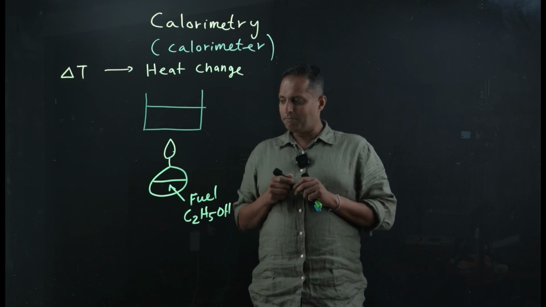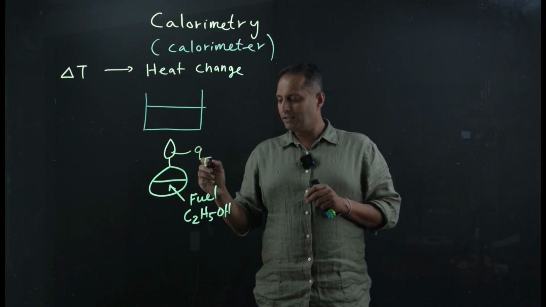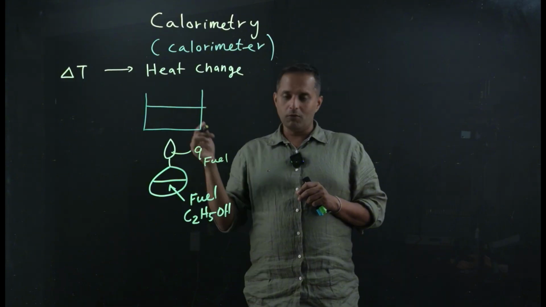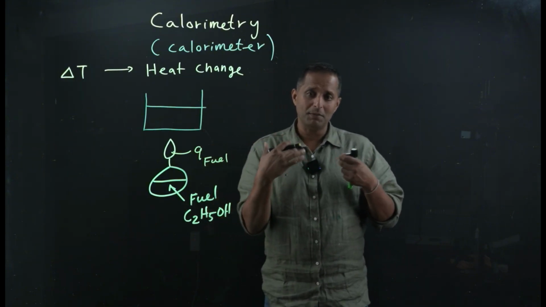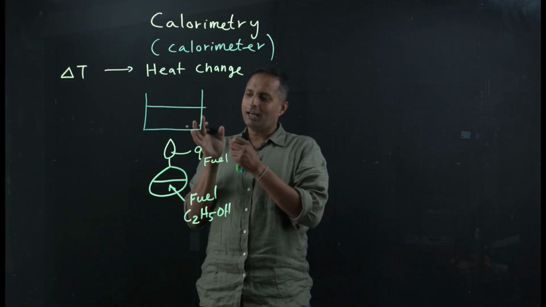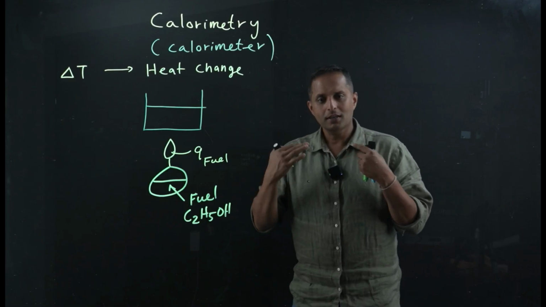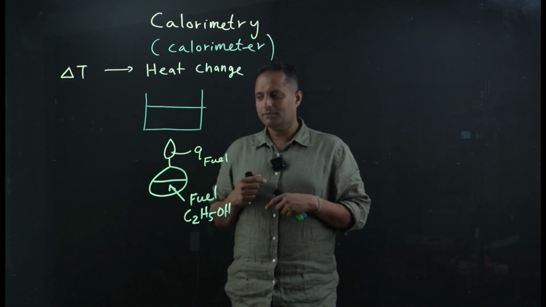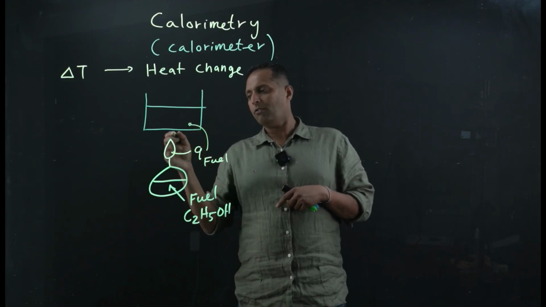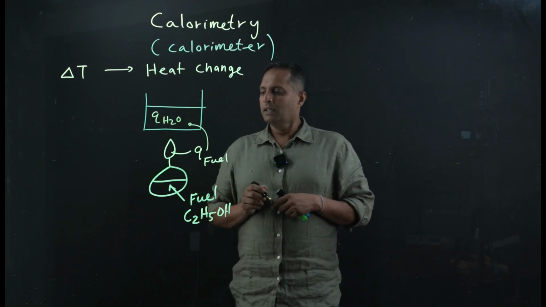We are trying to transfer the energy, which is Q fuel, into the water. In other words, we are getting the water to help us absorb that heat, because water is going to capture that heat for us. So we are sending it into the water, and it becomes Q water.